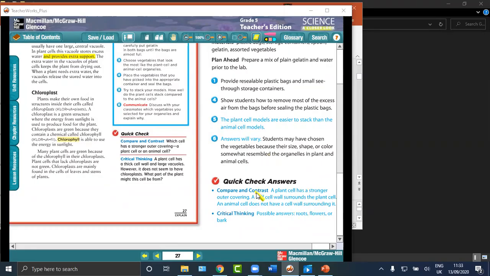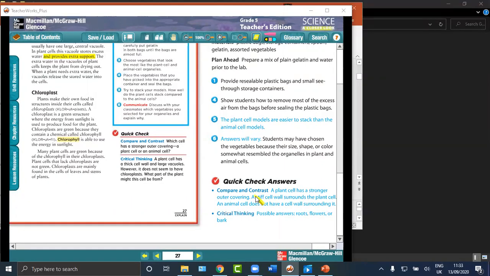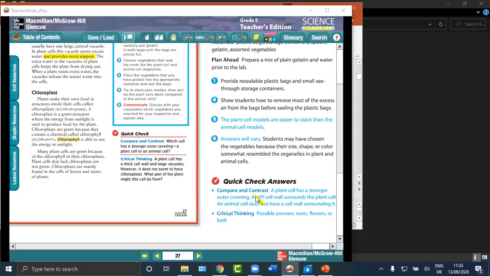There's a difference between animals and plants. Plants make their own food in structures inside their cells. Plants can make food by their own, but animals no. That's the difference between animal and plant. And chlorophyll is able to use the energy in sunlight.